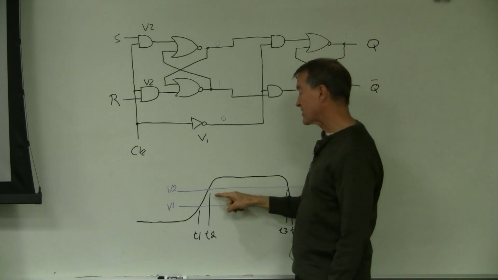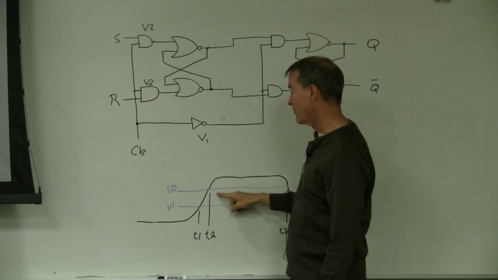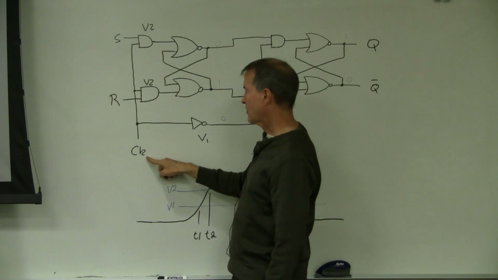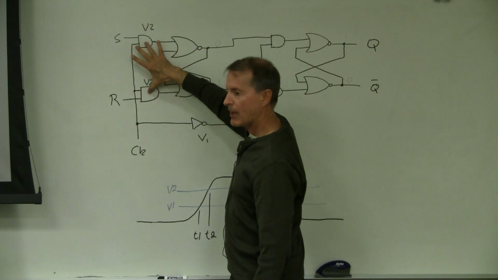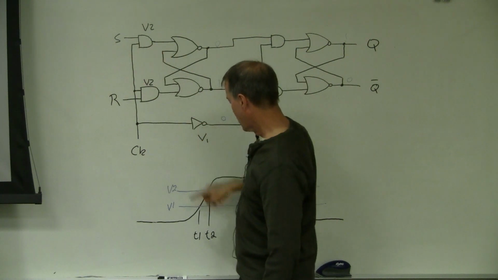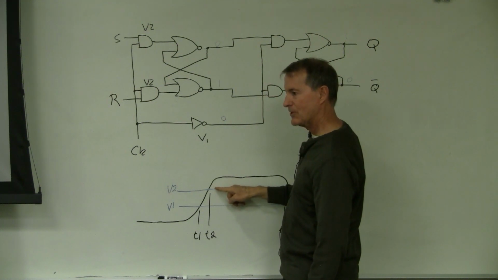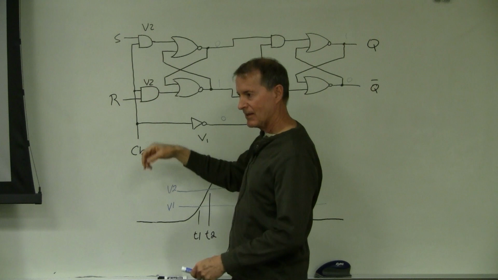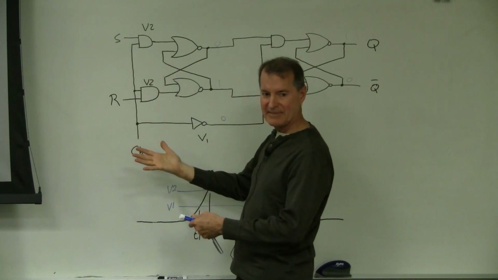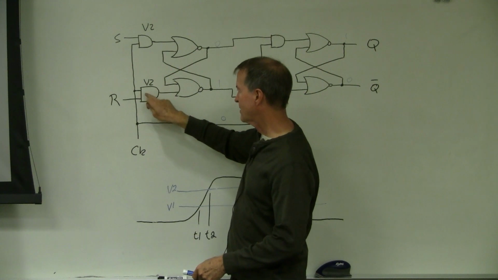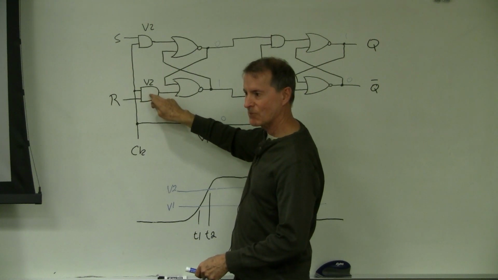And then what happens at time T2, when we get to level V2? These gates do what? They open up, right? Because that's when this one flips.